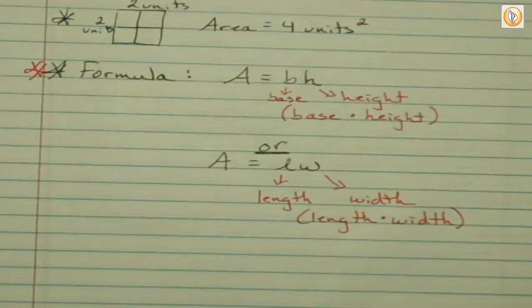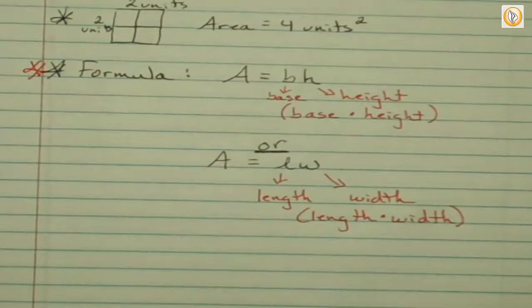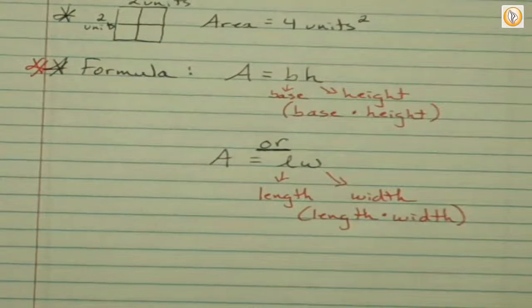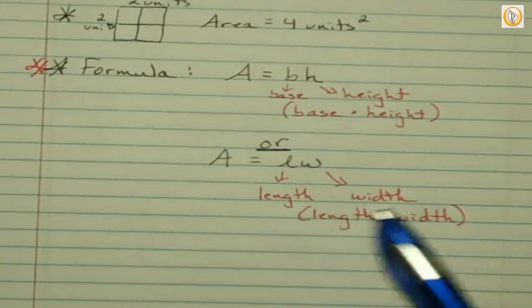So depending on the parallelogram, it's going to either be base times height or length times width. So it's LW. Length and width.